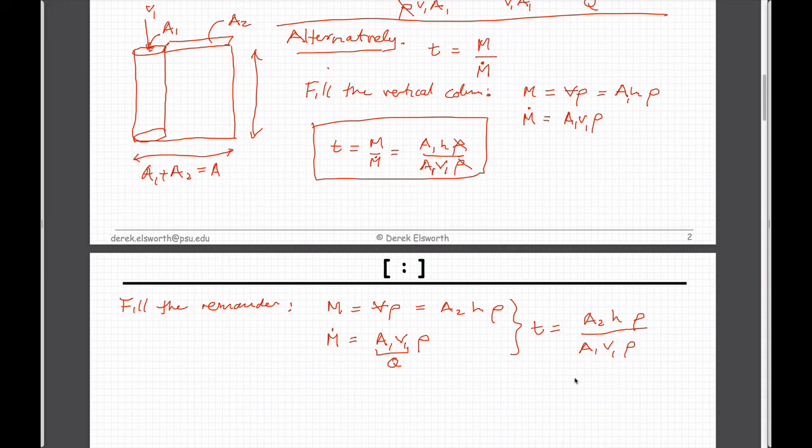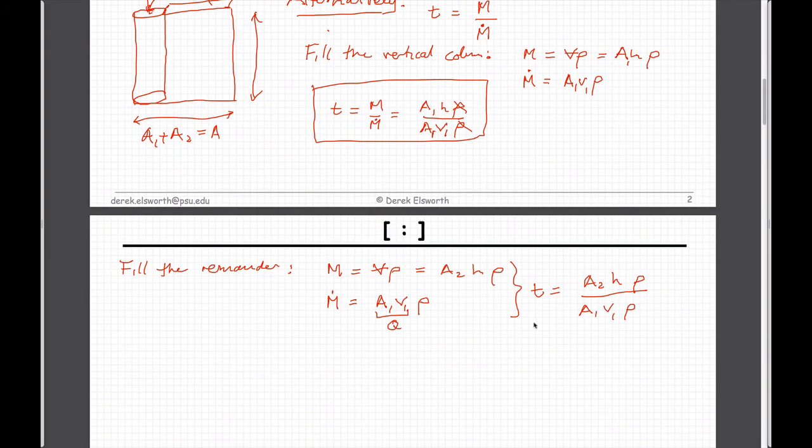And so all by way of saying is that if we look at the total time to fill this, then the total time to fill, if we call this 1 and we call this 2, or if we call this the column plus the bulk, then T total is equal to T column plus T bulk, which is going to be equal to these two added together.